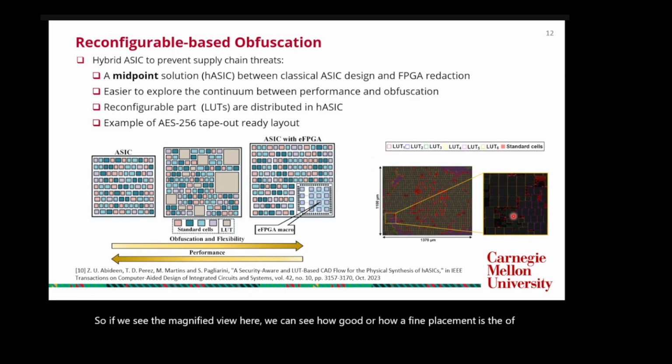We actually exploited the empty spaces between these LUTs, and placed the static logic, the logic that was not obfuscated. These are in red, and these are the standard cells. And this was done with the 65 nm TSMC foundry.